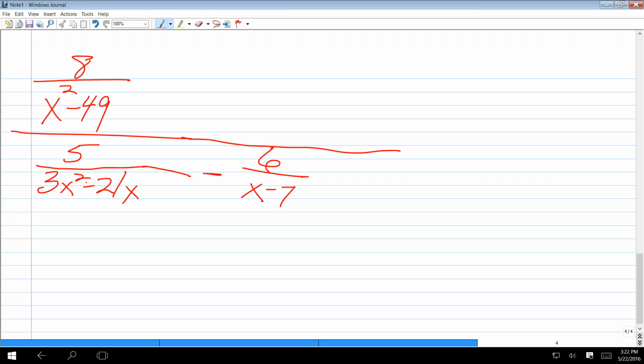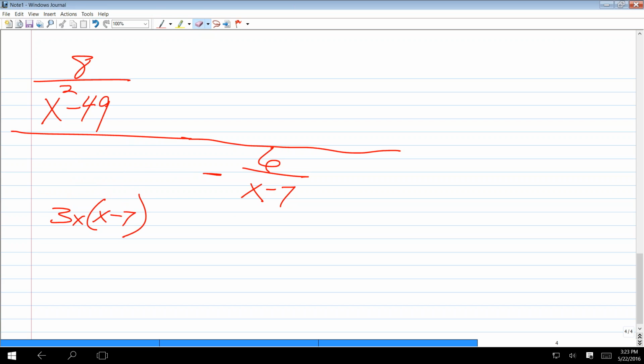What's the greatest common factor you can factor out of that expression? 3x. What's left? x minus 7. Okay, notice there's an x minus 7 over there, so you just have to multiply the other one.